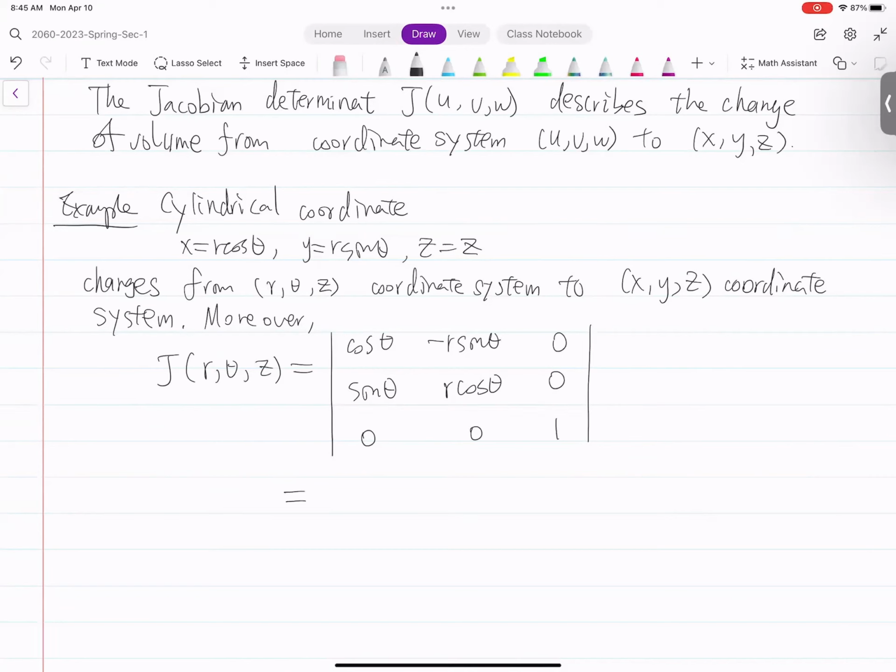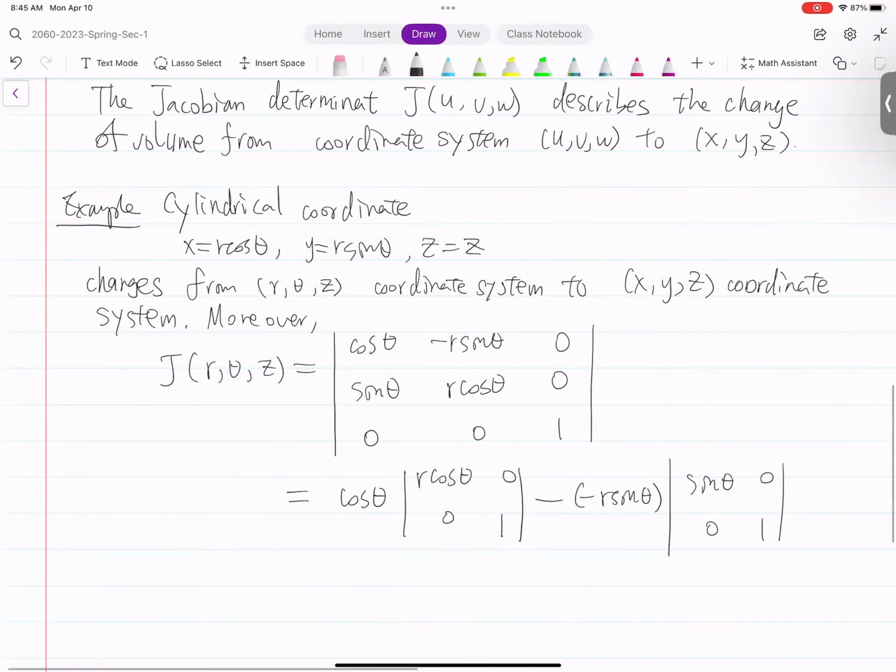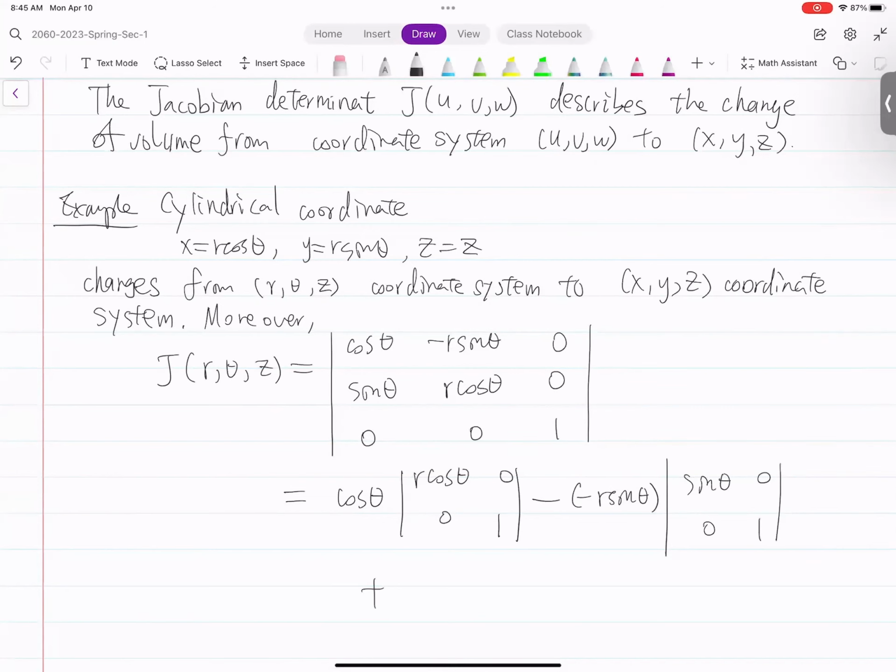It's the first row, first column multiplying by the remainder, r cosine theta, 0, 0, 1, that you must compute, minus the first row, second column multiplying by the remainder if you eliminate the first row and second column, which is sine theta, 0, 0, 1. Finally, we plus the first row, third column, which gives you a 0.